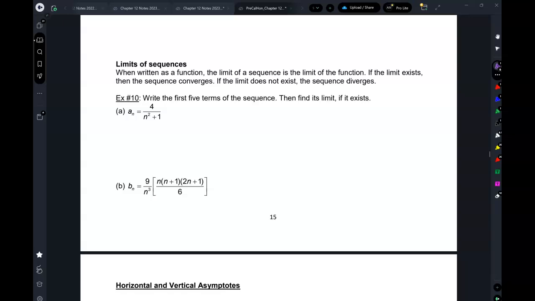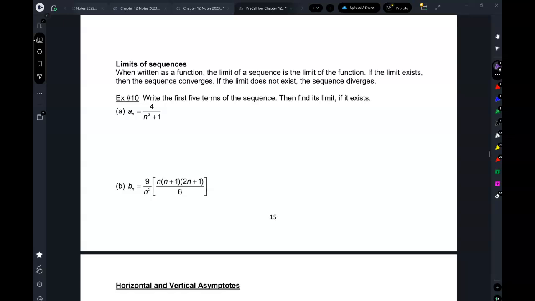So, remember how we had a sub n, an explicit formula for the terms of a sequence. And remember what I made you do in section 1: I made you graph a couple of points to see if the sequence would converge or diverge.